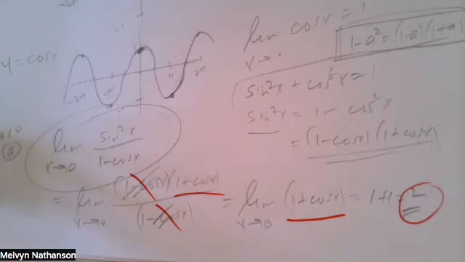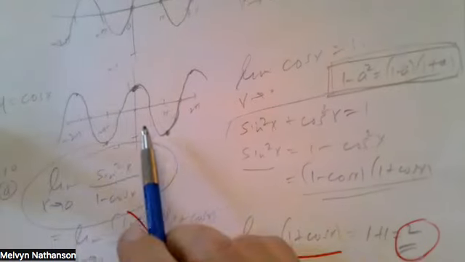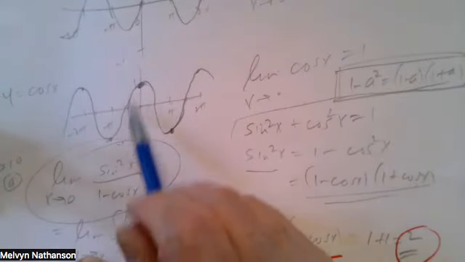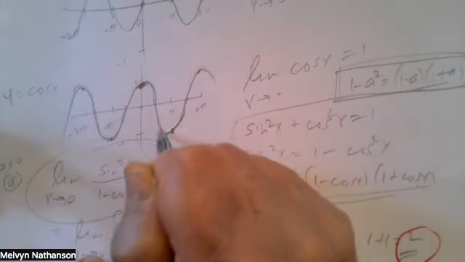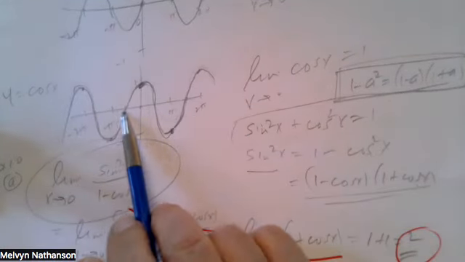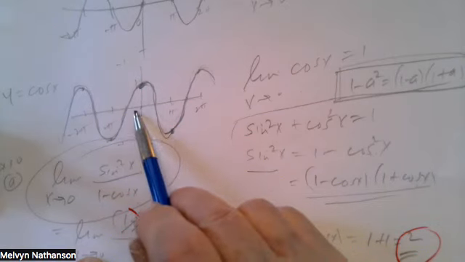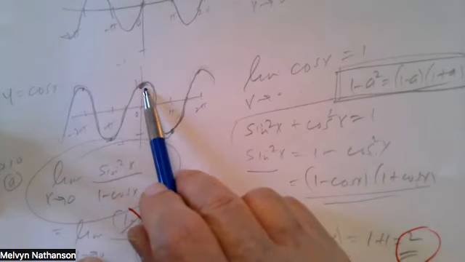I have a question. Yes. How did that cosine x turn into a 1? So back here, I graphed the function y equals cosine x, okay? That's the graph of y equals cosine x. And as x approaches 0, the cosine x has the limit 1.